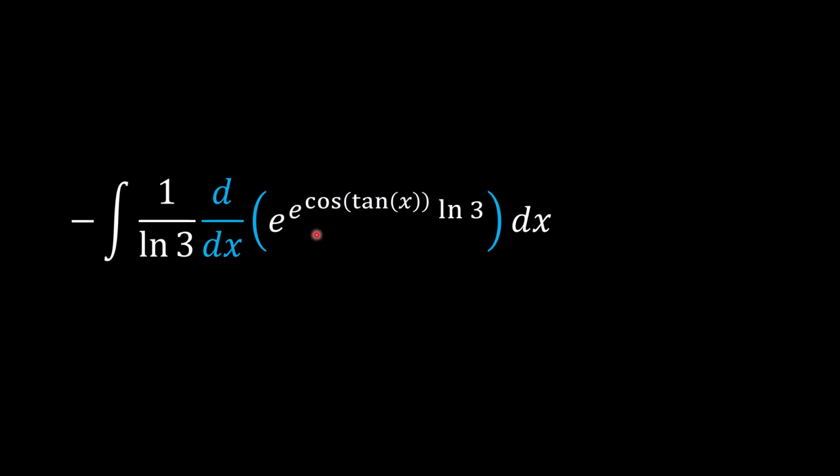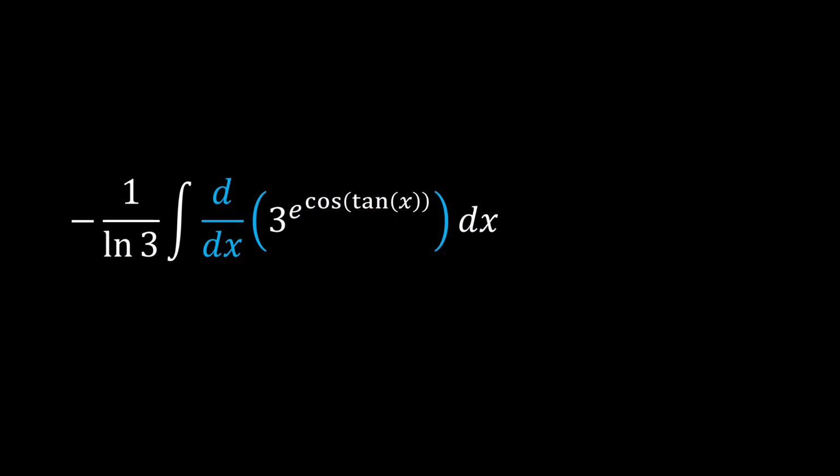So we now have our expression as the integral of 1 over the natural logarithm of 3 times the derivative of e to the power e to the power cosine tangent of x times the natural logarithm of 3. But we can re-express this in the form we were given. Instead of using e to the power, this is the same as 3 to the power e to the power cosine tangent of x. And so we've pulled out the constant, and we have negative 1 over the natural logarithm of 3 times the integral of the derivative of 3 to the power e to the power cosine tangent of x.